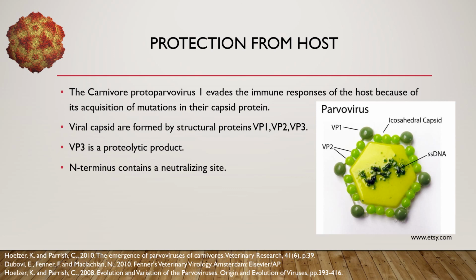It is a proteolytic product. This N-terminus contains a neutralizing site conserved in different viral isolates, which in the form of synthetic peptides is able to induce neutralizing antibodies and protection in the host cell.